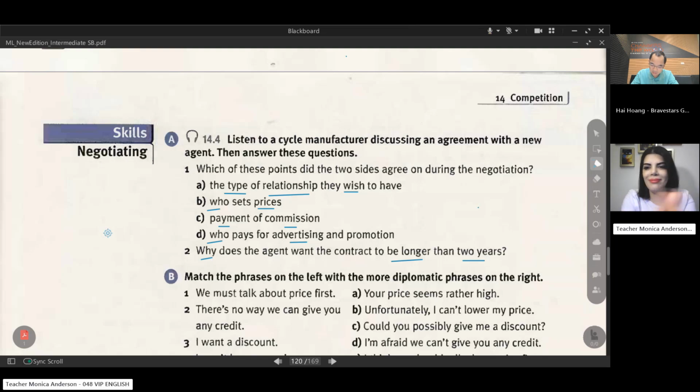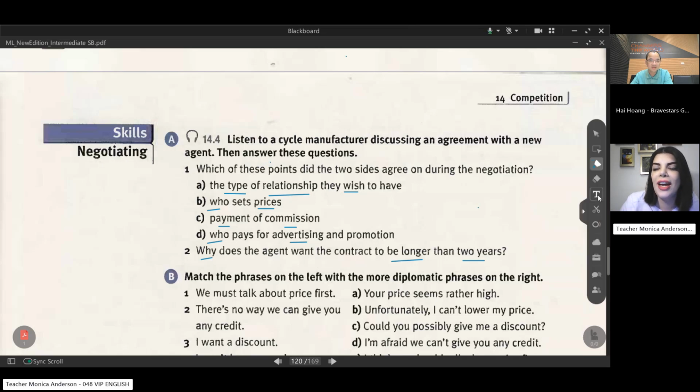What type of relationship do they wish to have? Partnership. Partnership, of course. It was a non-exclusive contract. Yeah, non-exclusive.